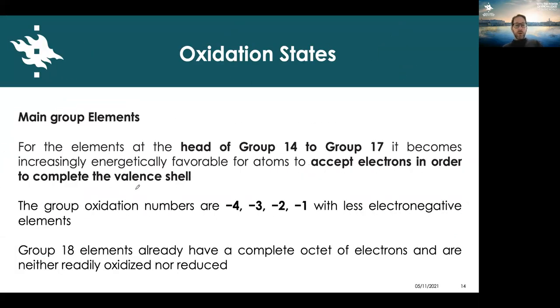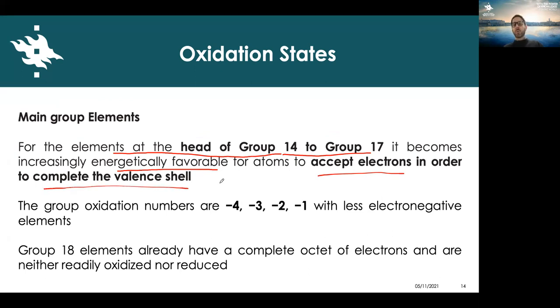When we go from groups 14 to 17, talking about elements at the top of groups 14 to 17, it becomes more energetically favorable for these atoms to accept electrons in order to complete their valence shell.